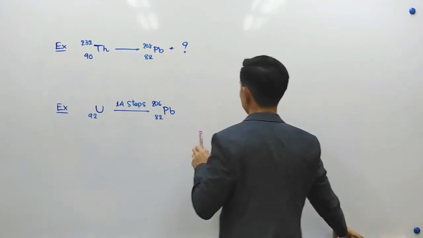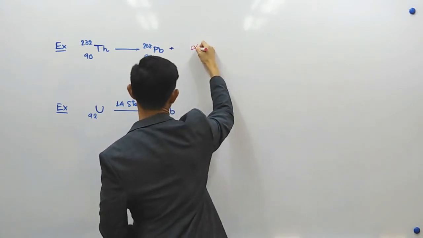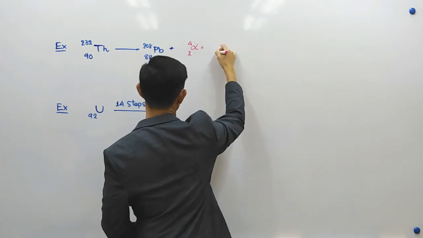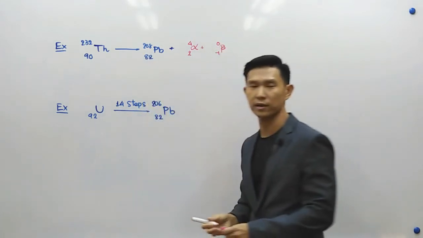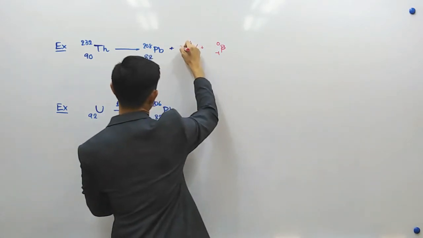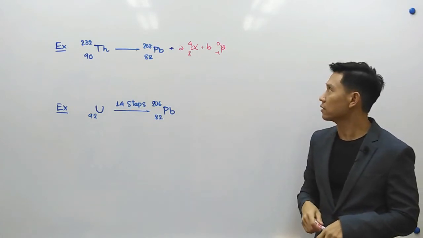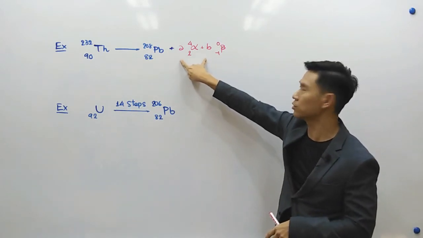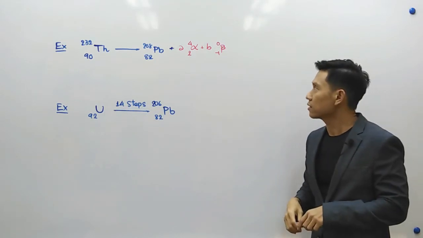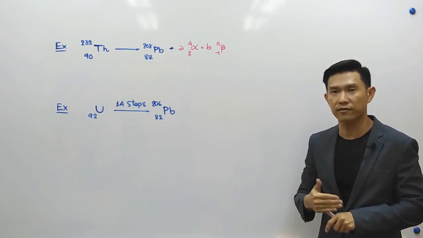And in each step there are just two possibilities, alpha particle or beta particle. The alpha particle is 2, 4, the beta particle is minus 1 and 0. So we have two variables, A and B, and we want to know them, so we have to construct two equations, because the mass has to be conserved and the charge has to be conserved.